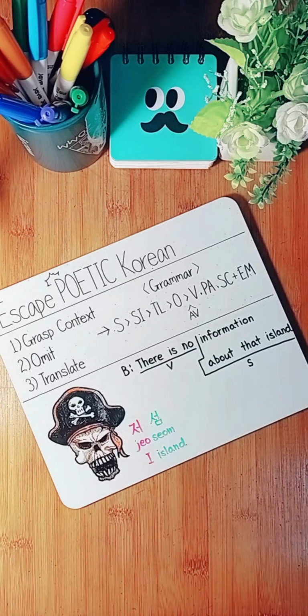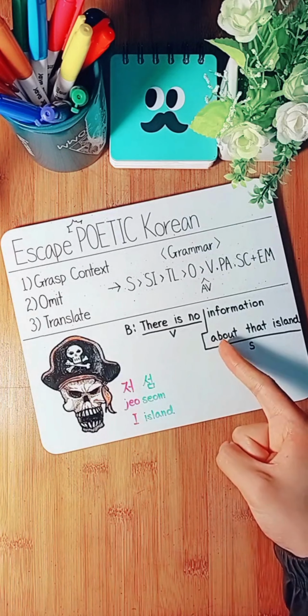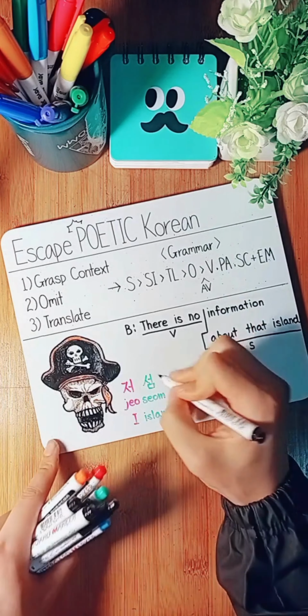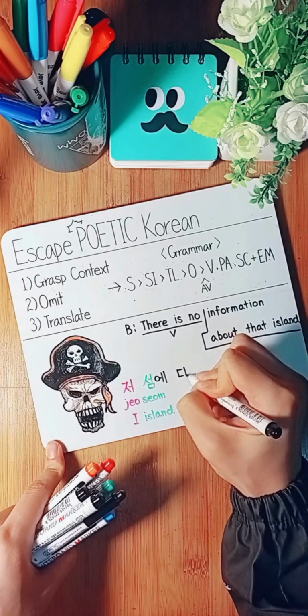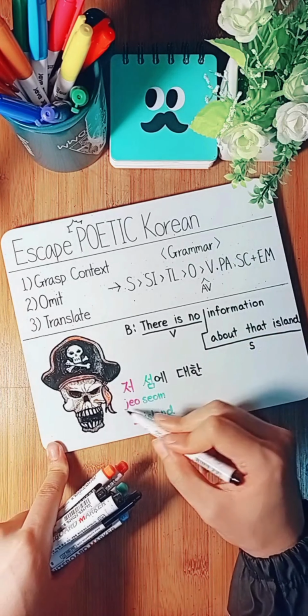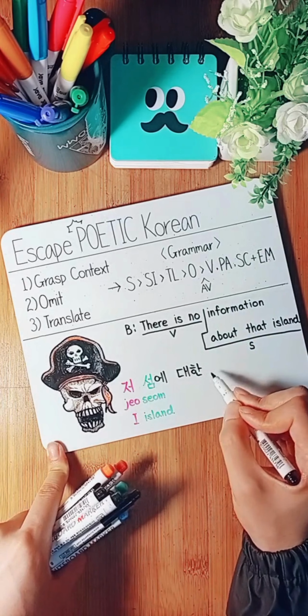Now, there are, in large, two ways you can place "about" in between two nouns. The first way of doing it is to attach 에 대한 to the first noun: 저 섬에 대한.